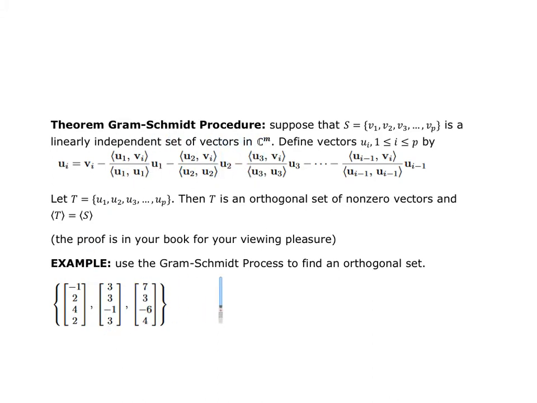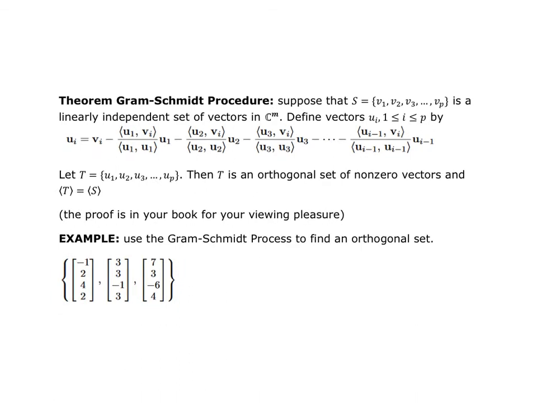So use the Gram-Schmidt process to find an orthogonal set to this set of vectors. I'm assuming to start out with that this is not going to be an orthogonal set, but they're asking me to find an orthogonal set of vectors. So let's do the Gram-Schmidt.